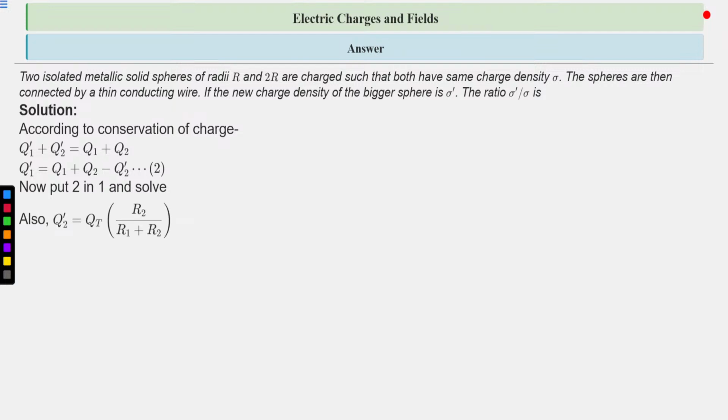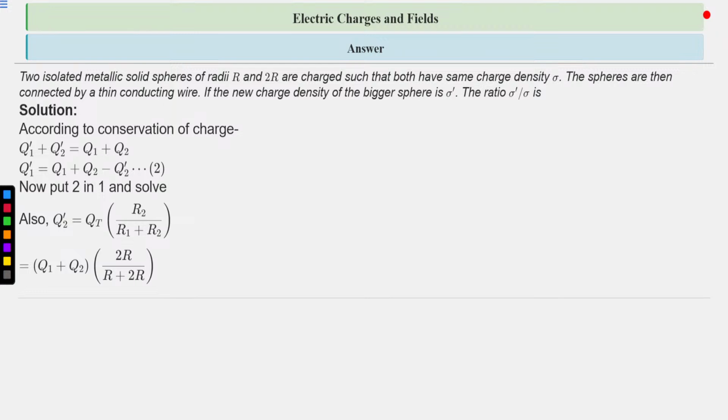After putting 2 in 1 and solving, we will get this type of equation. Q2 prime is equal to total charge QT into R2 upon R1 plus R2. R2 is the radius of second sphere, that is 2R, and R1 is the radius of first solid sphere, that is R. Now put these values of radii of both the solid spheres in the equation.